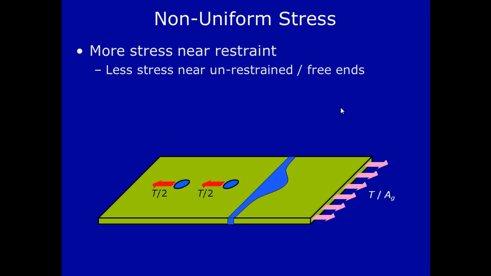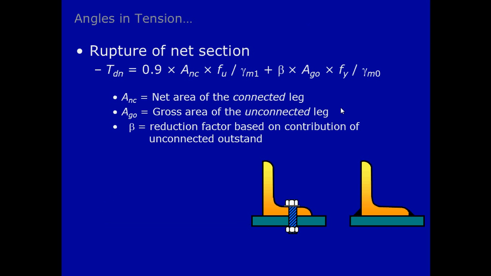Now shear lag will generate in case of members connected through one leg only, like in case of angle sections. Here we can see one angle section is connected to this plate via this bolt, and it is connected through one leg only. Similarly, in case of welded connection also, the angle section is connected to this plate via only one leg.